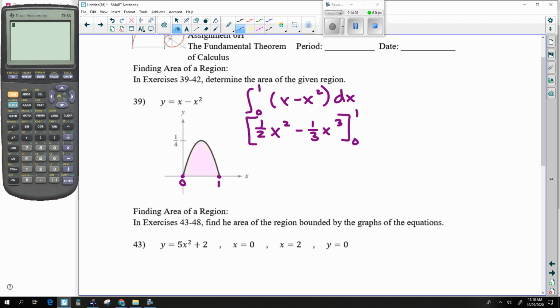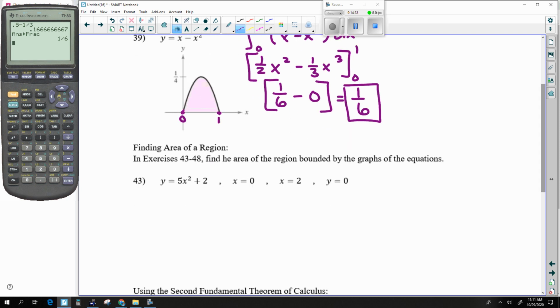So 1 is going to, again, be 1/2 minus 1/3, 1/6, minus 0. That area is 1/6. Oh, shoot, I should have rounded that.